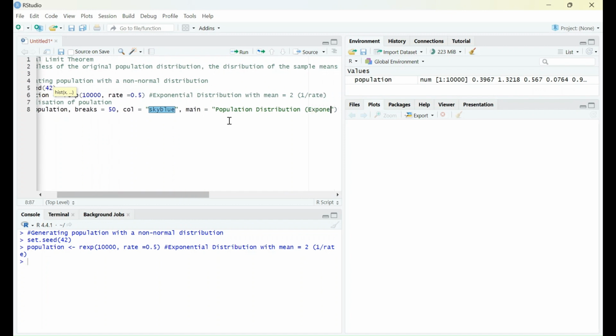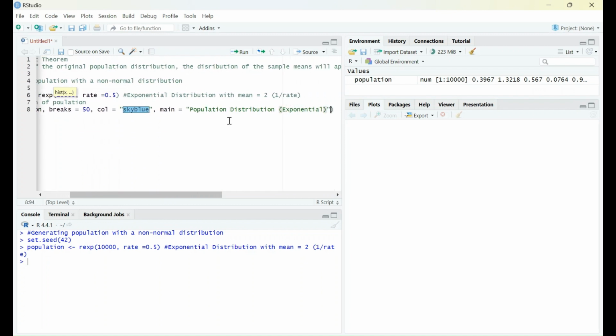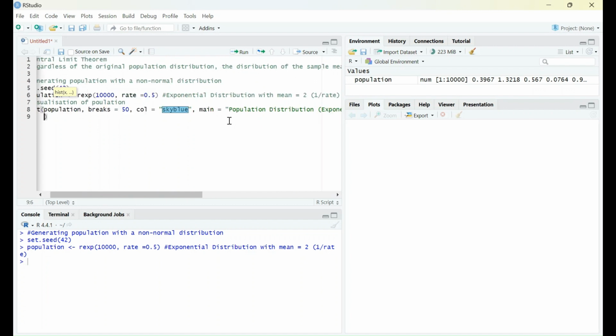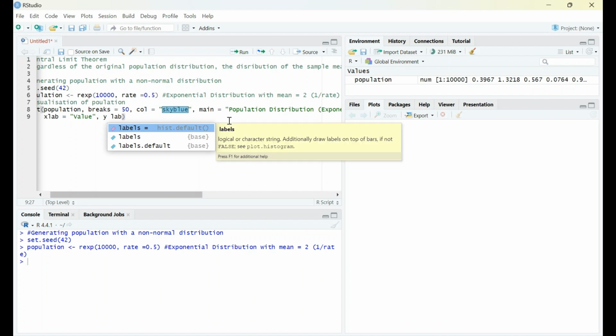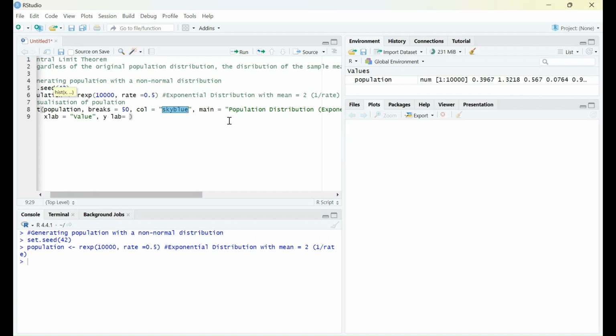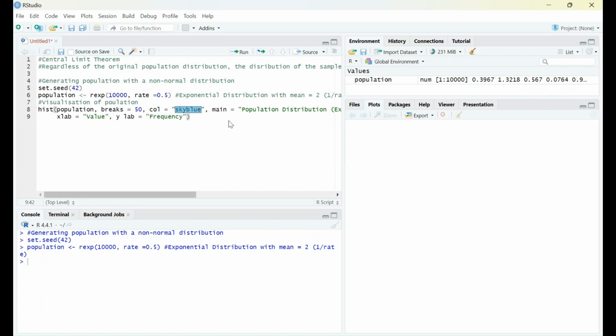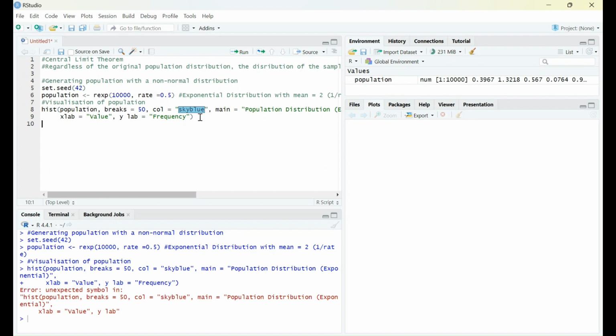We know it's exponential, so let's give exponential, and X label value and Y label frequency. Let's run this code and see how our population distribution is.